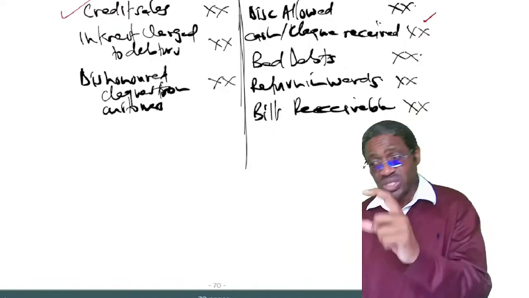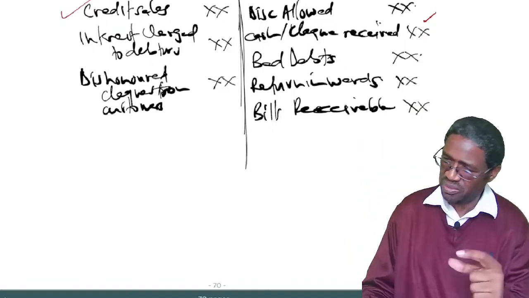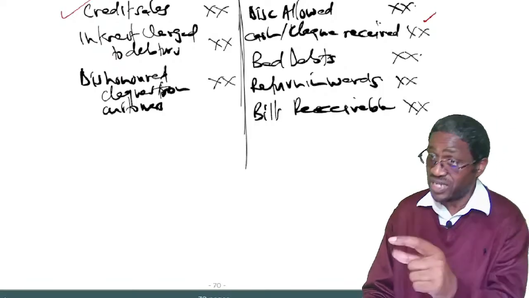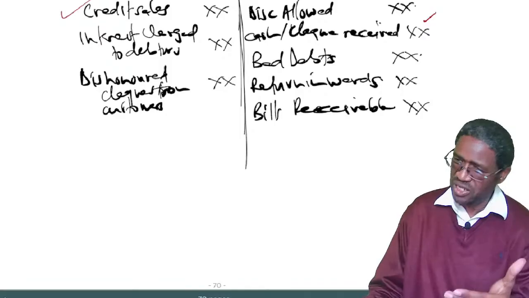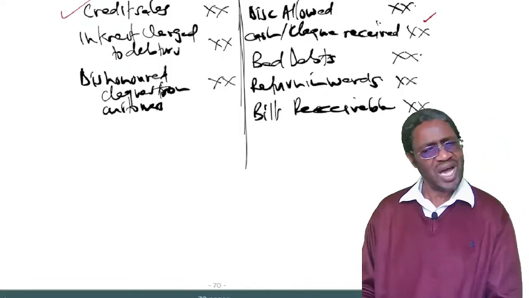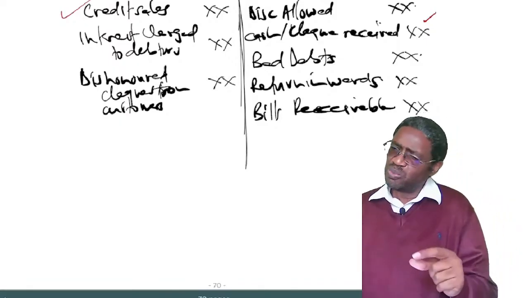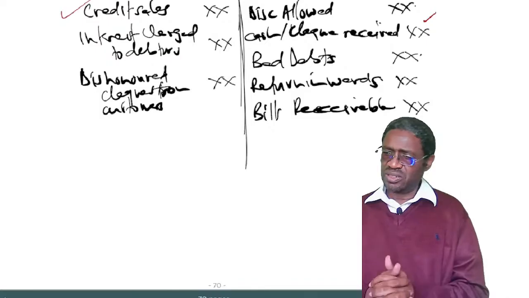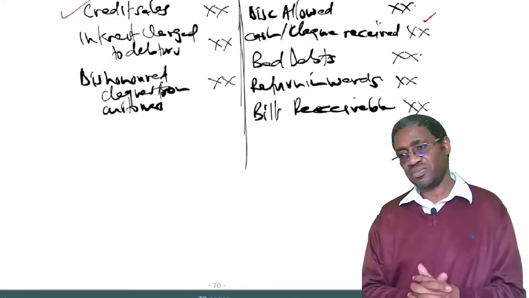The day you received it, you debited the bills receivable, you credited debtor, implying like the debtor has paid you, which I told you, because it's as good as cash. In principle, he has paid you. But he has promised to pay you by the end of the month.